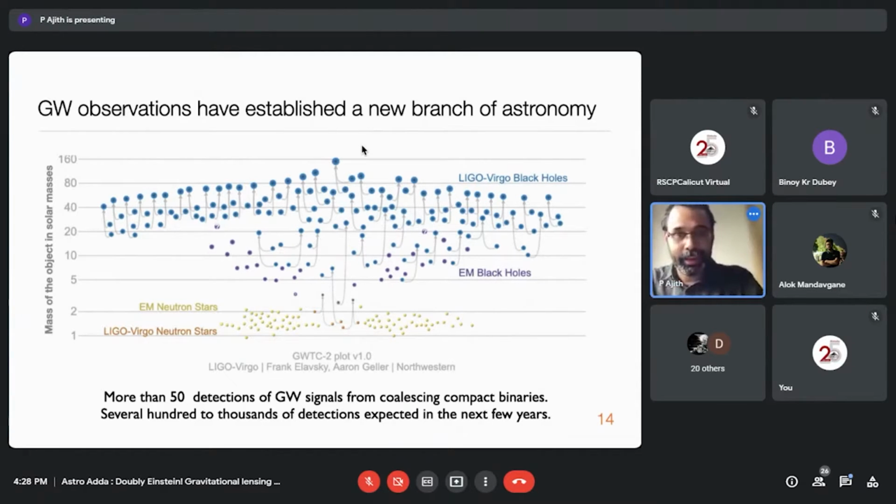So here is a cartoon version of the sources of gravitational waves detected by LIGO and Virgo over the last 6 years. All of these signals are produced by mergers of compact objects involving a neutron star or a black hole.